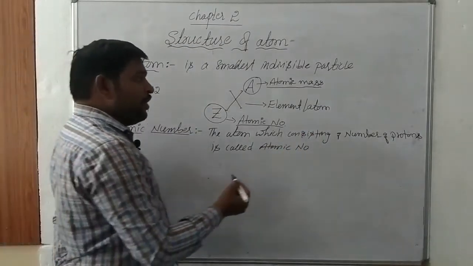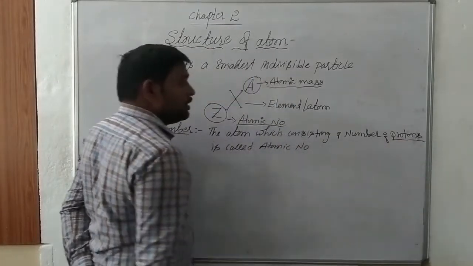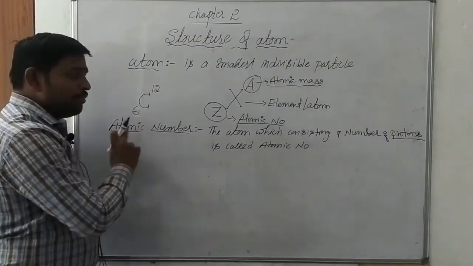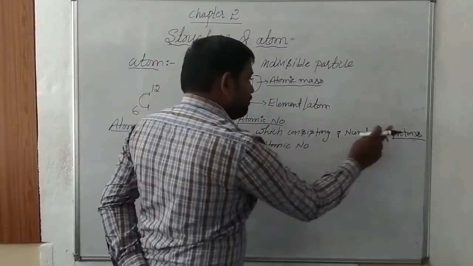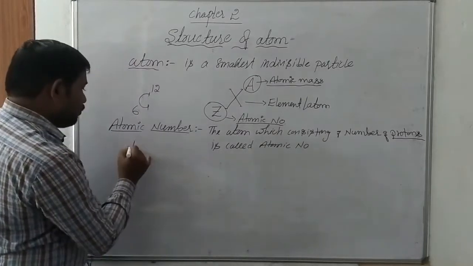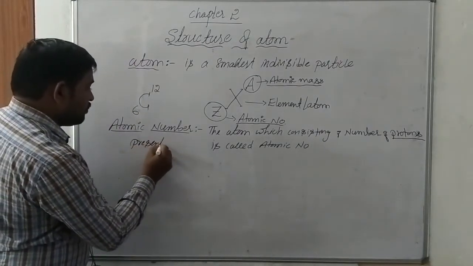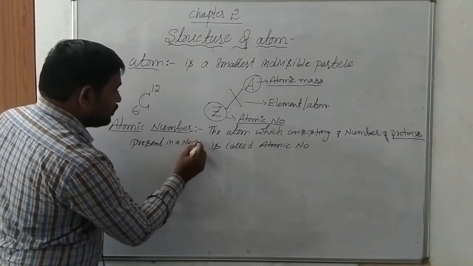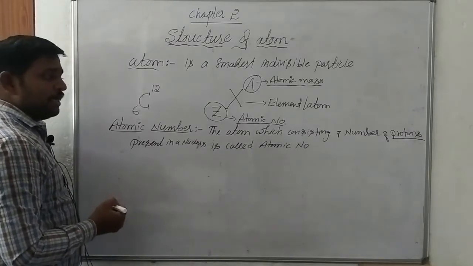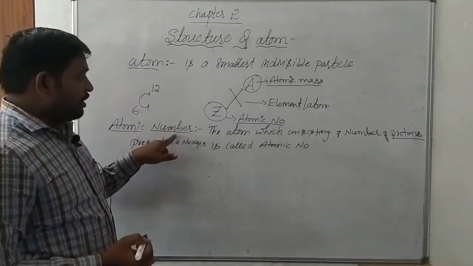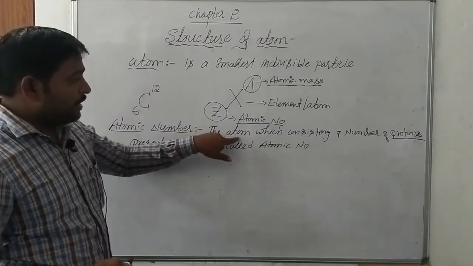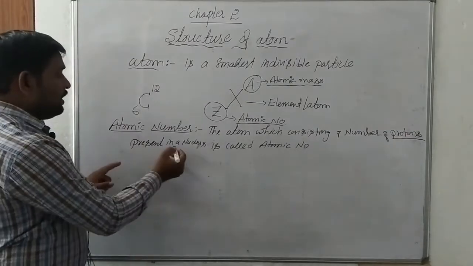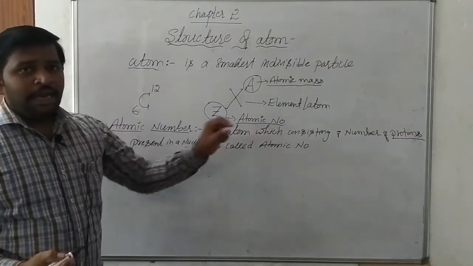The number of protons contained in a nucleus is called the atomic number. So the atomic number is defined as the number of protons present in a nucleus.